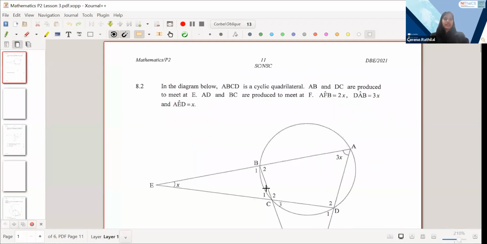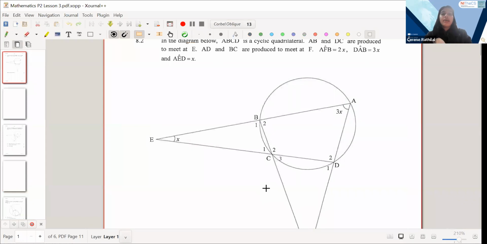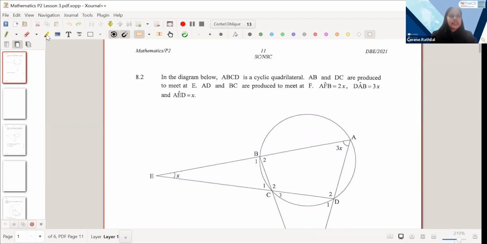Right, so this is what we're looking at. This is once again last year's examination paper. And we are now going to apply the results that we had just learned to answer this question. So firstly, let's absorb all of the information that we are now being presented with. So we're told that ABCD is a cyclic quadrilateral.